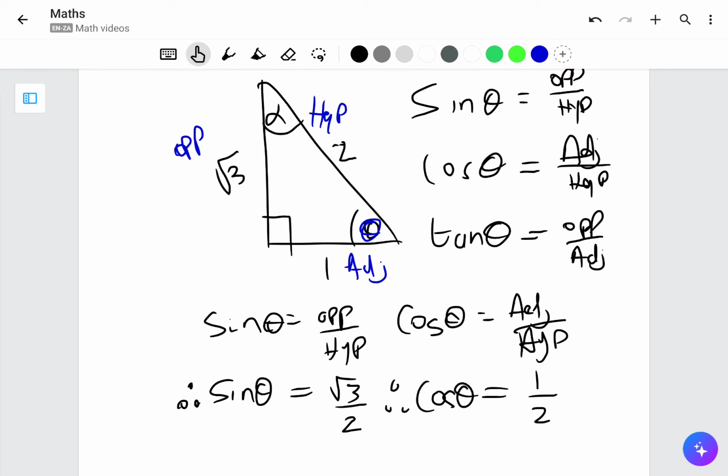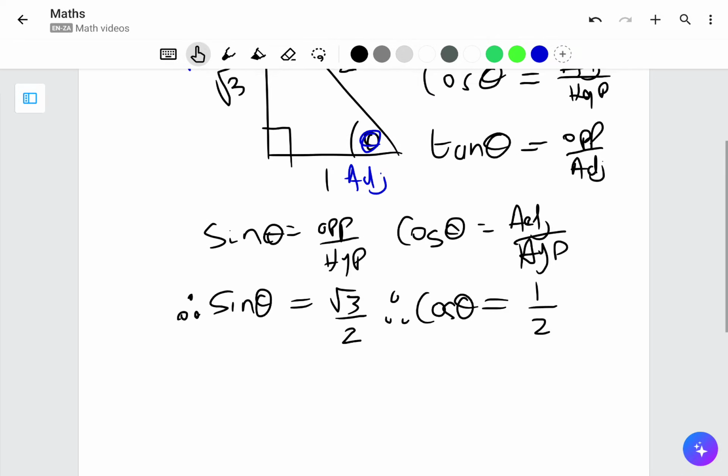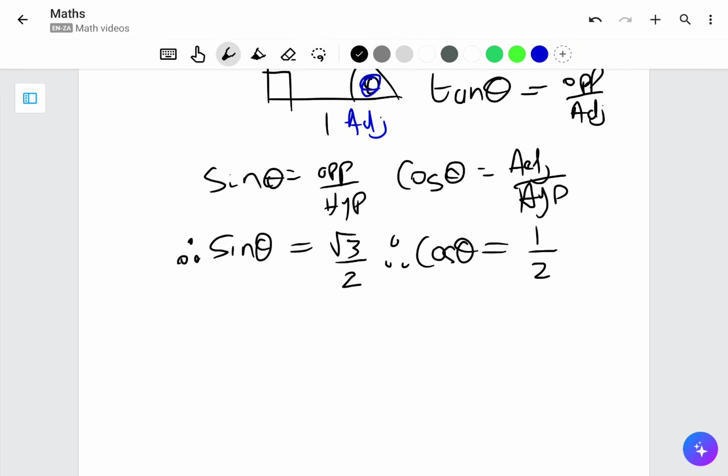Then we can also do our last one, which is tan theta, and we know that tan theta equals opposite over adjacent, right? You guys with me? Opposite over adjacent. That's tan theta.